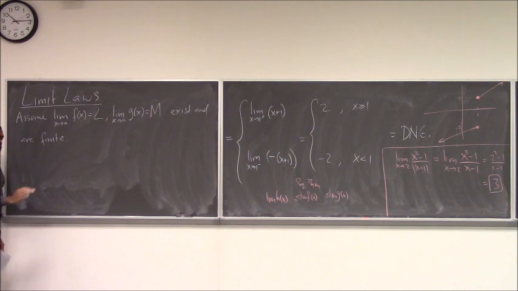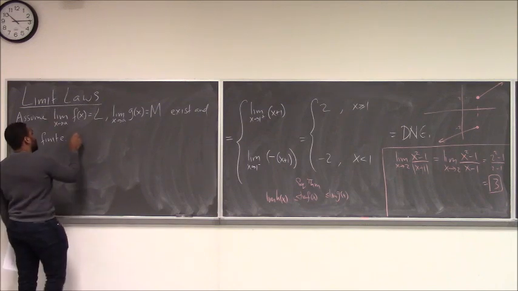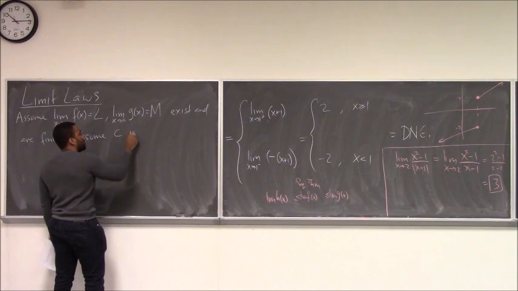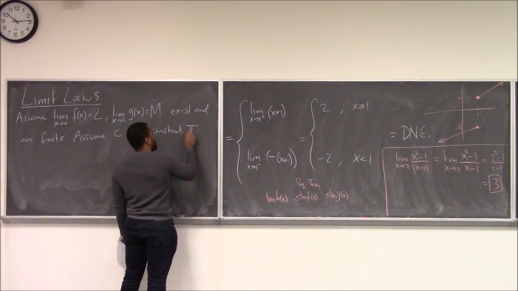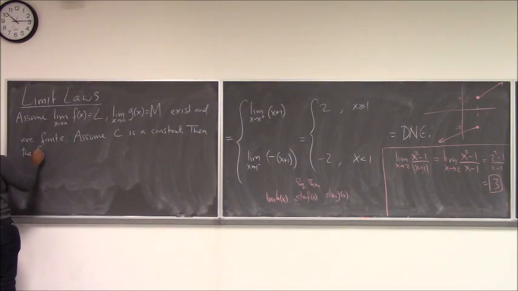Things get kind of weird in these rules if we allow our limits to be infinite. So I'm assuming L and M are just real numbers, they're not infinity or negative infinity. So assume these two limits exist for these functions. Also assume c is a constant. Then the following hold.